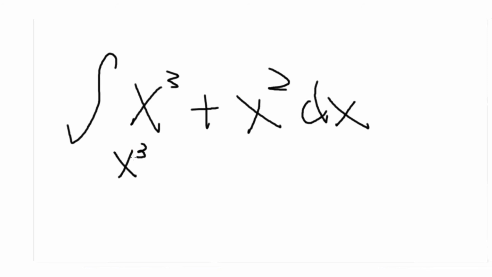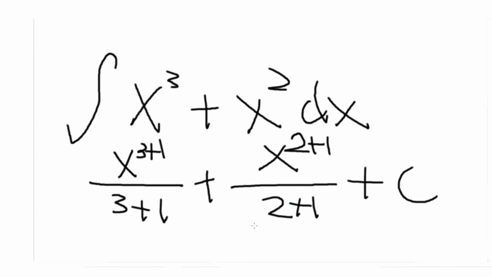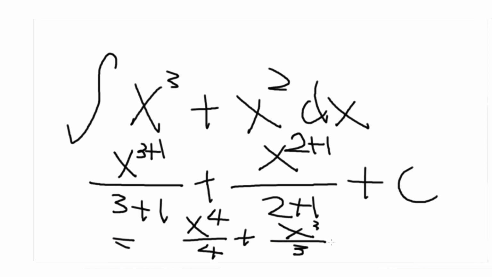Therefore, we have x raised to the 3 plus 1 power divided by 3 plus 1 plus x raised to the 2 plus 1 power divided by 2 plus 1 plus c, which equals x raised to the 4th divided by 4 plus x raised to the 3rd divided by 3 plus c.